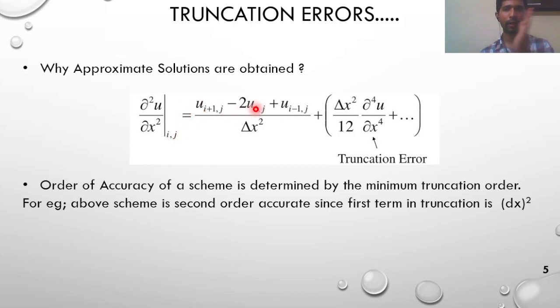So both left as well as right are there. So it is a central difference, that is why we call it a central difference. And the minimum truncation error has an order 2, so it is a second order central difference scheme. That is how the difference schemes are defined. I hope that this point is clear. That is why we call it first order forward difference, second order forward difference, second order backward difference. So that is how we call it.